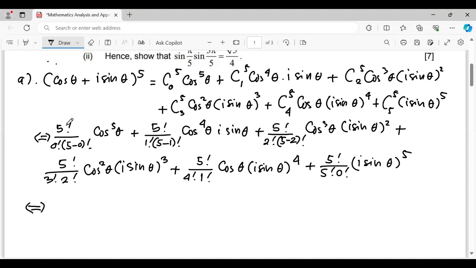And the first is 1, so it becomes cosine power 5 theta plus 5 cosine power 4 theta i sine theta.